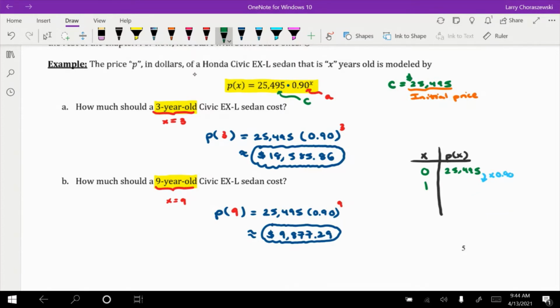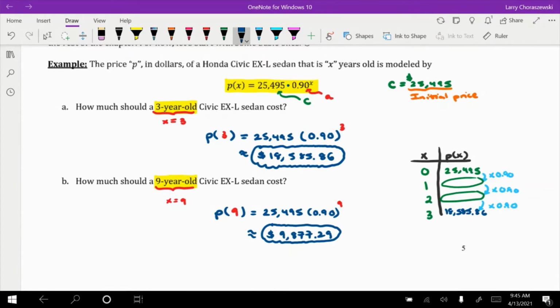To get the price after 2 years, we could take whatever we get here and multiply it by 0.90. And then to get the value for 3 years, we could take the most recent price corresponding to 2 years, multiply it by 0.90, and that should land us at our value of 18,585.86.